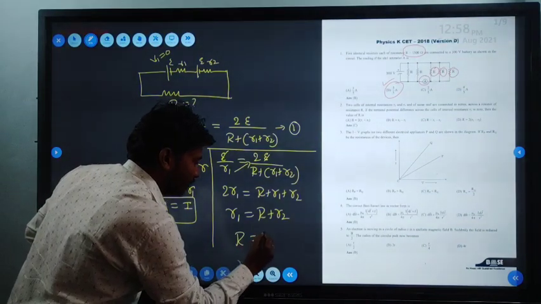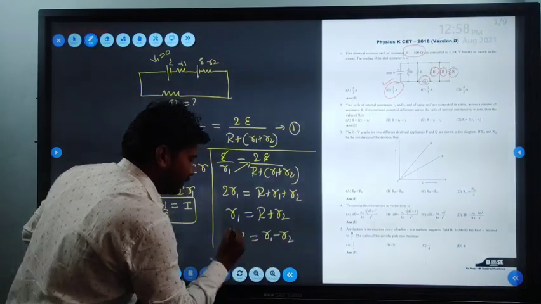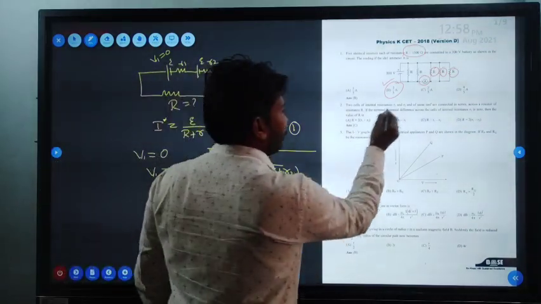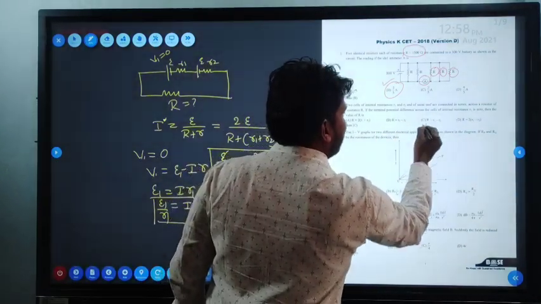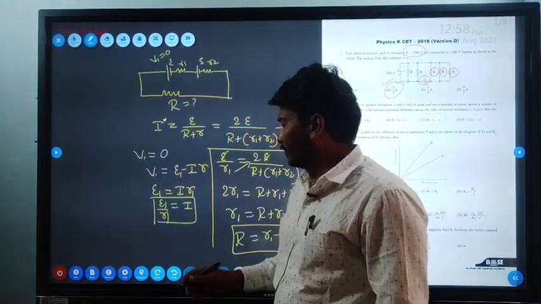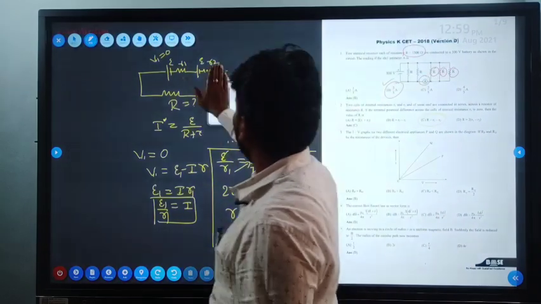R is equal to what? R1 minus R2. What is the R value here? R is equal to R1 minus R2 here. So the second option is right. Then we'll go for the next one.